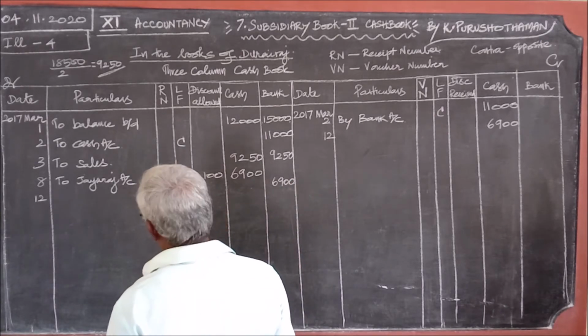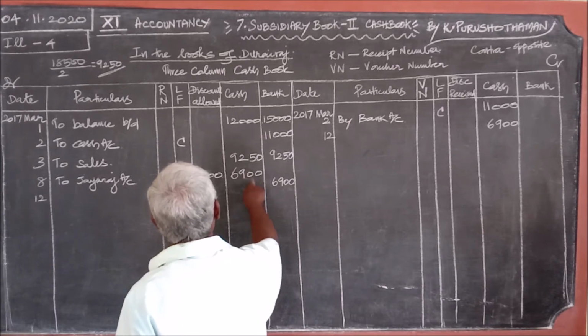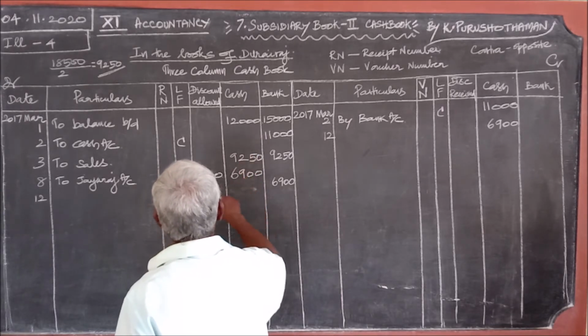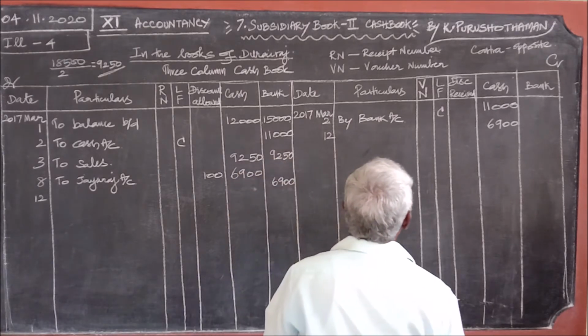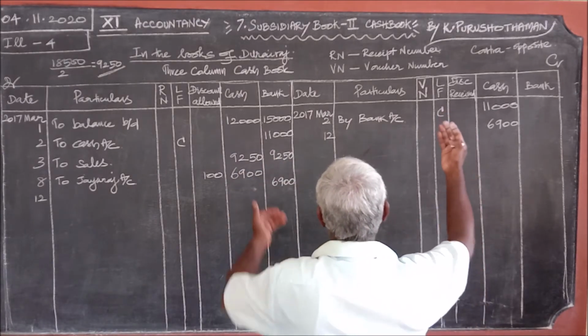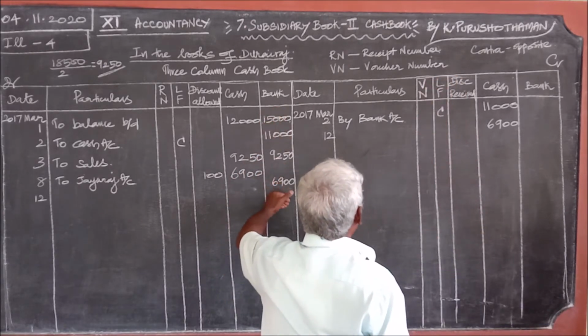Listen, when you receive a check, you treat it as if you are receiving cash and put it in the cash column. When the same check is deposited in the bank, cash goes out, because we treated it as cash. Cash goes out and it comes into the bank.